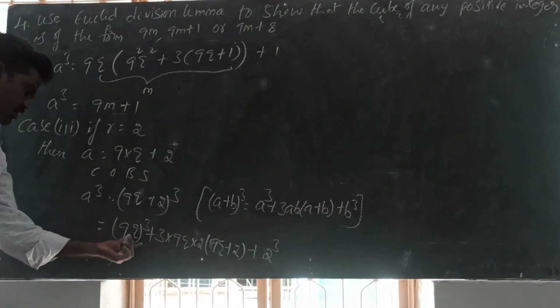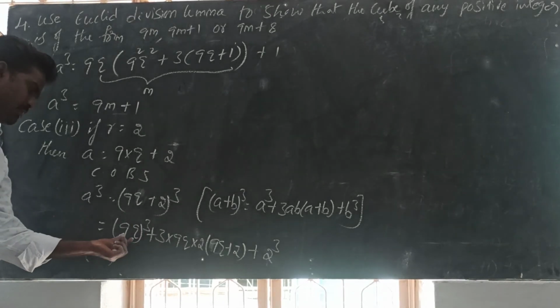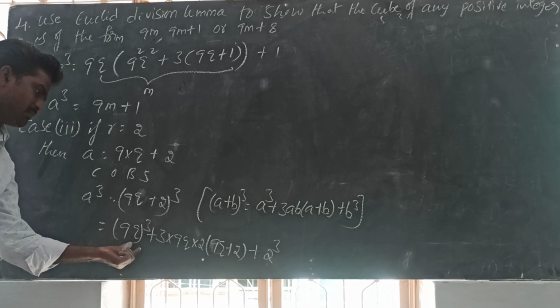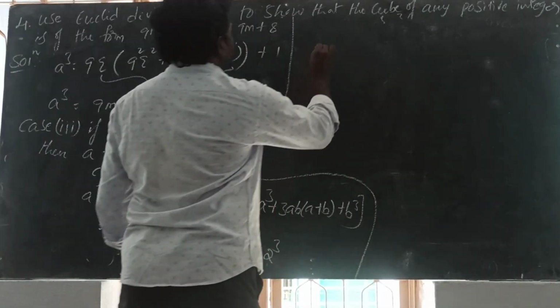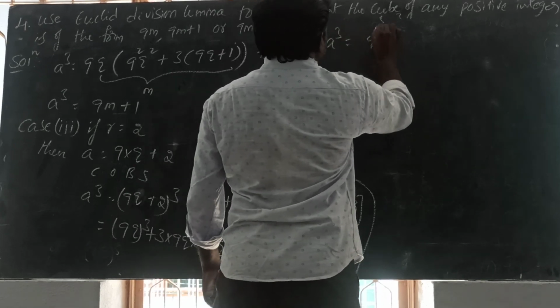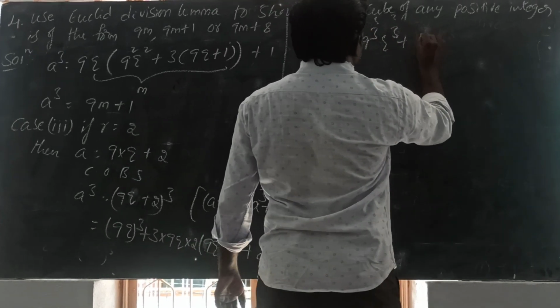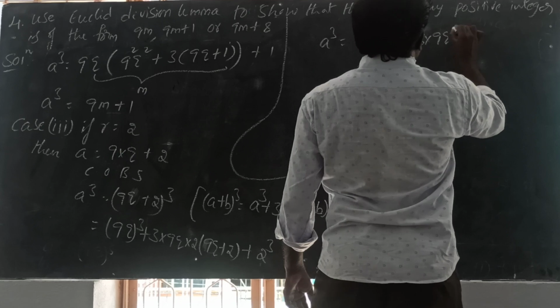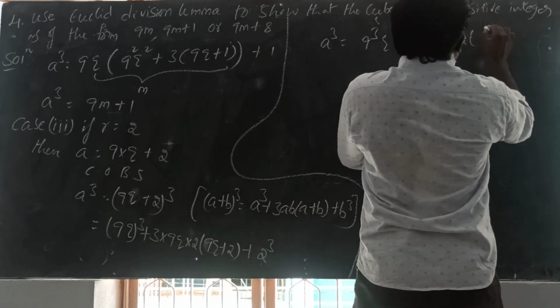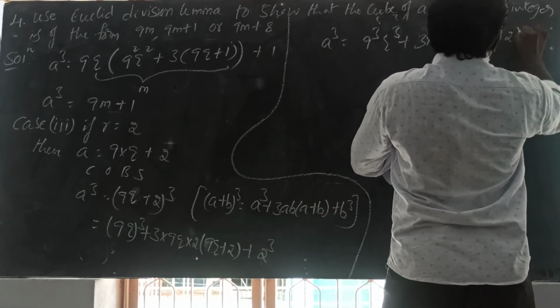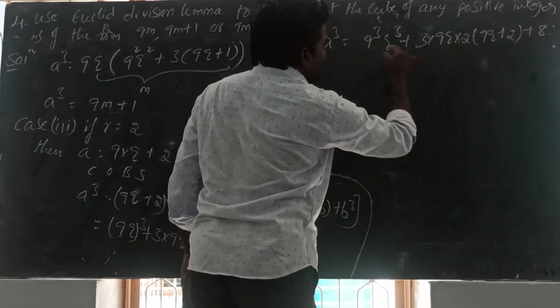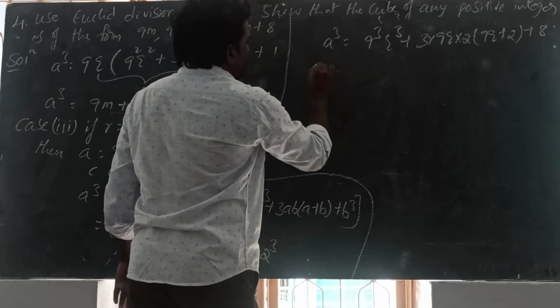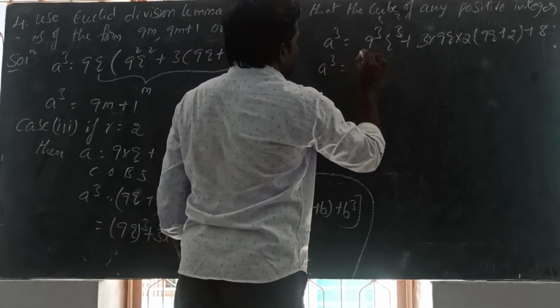(9q) whole cube means (ab) whole power m, a power m into b power m. 2 cube is how much? 8. Now in these two terms, what is common? 9q. So we take 9q outside.